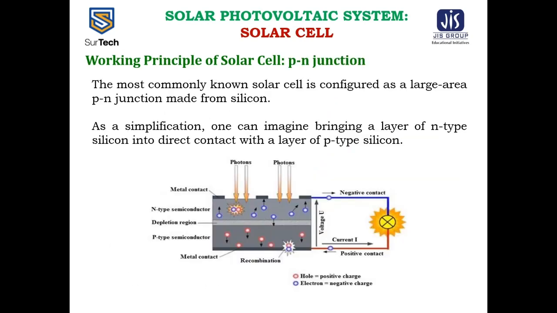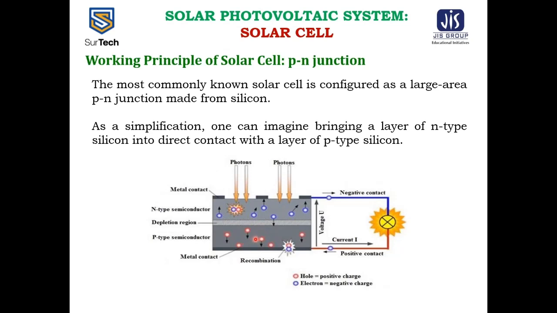The most commonly known solar cell is configured as a large area PN junction made from silicon. As a simplification, one can imagine bringing a layer of N-type silicon into direct contact with a layer of P-type silicon. This is the N-type semiconductor. This is the P-type semiconductor.